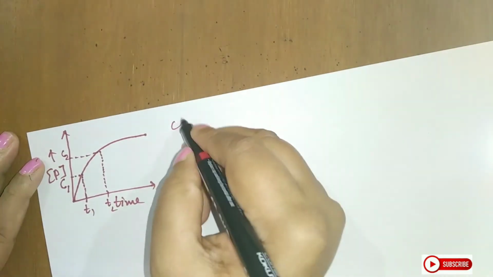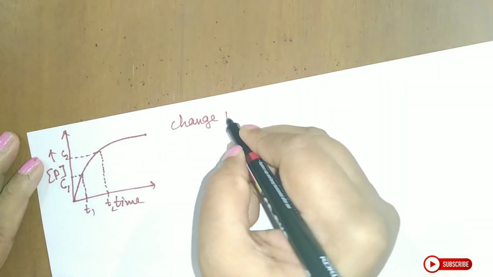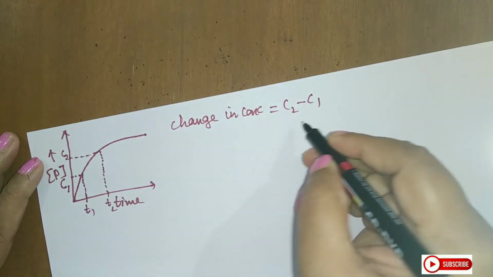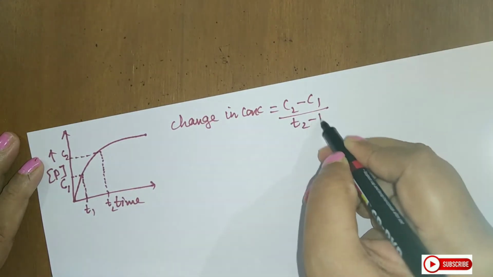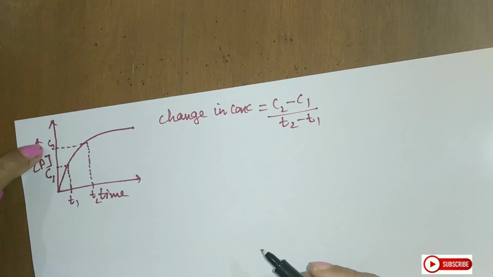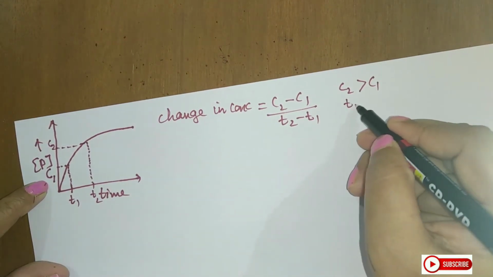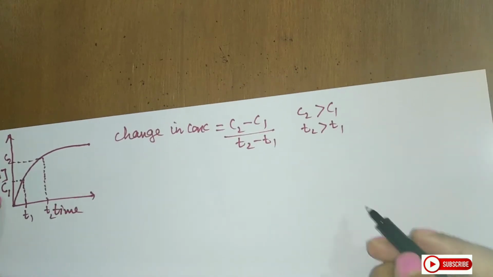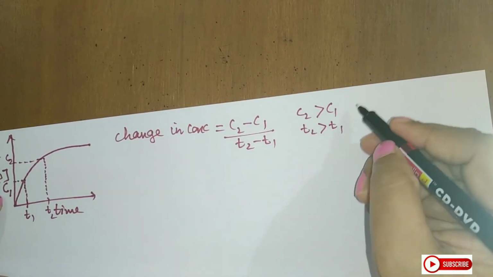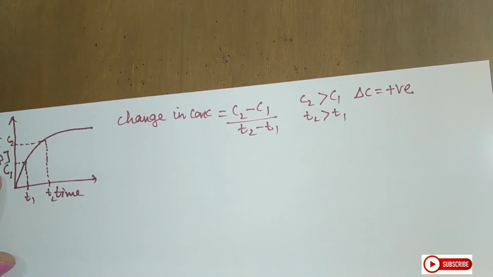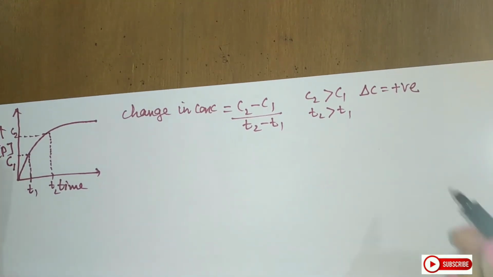So what is the change in concentration? C2 minus C1 upon T2 minus T1. Now if you see this, here C2 is greater than C1 and T2 is greater than T1. As C2 is greater than C1, delta C must be positive, and therefore for products we use a positive sign.